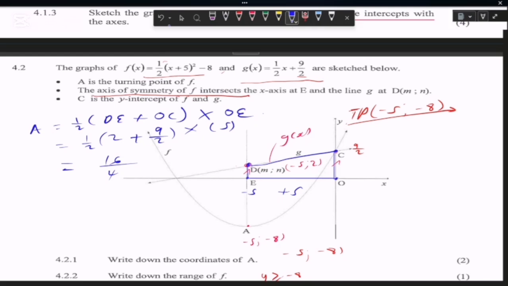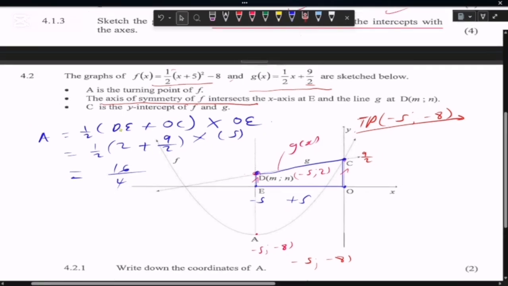Yes, it is indeed 16 over 4. So the area of this trapezium is 16 over 4 units squared. Okay, so remember that the area is in units squared. Since they didn't give us any units, we have to involve the units squared.